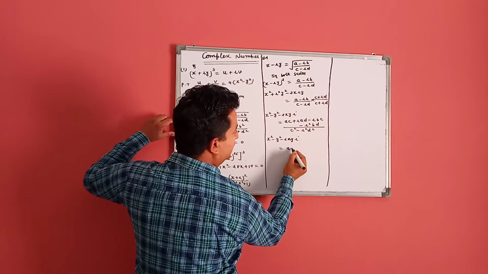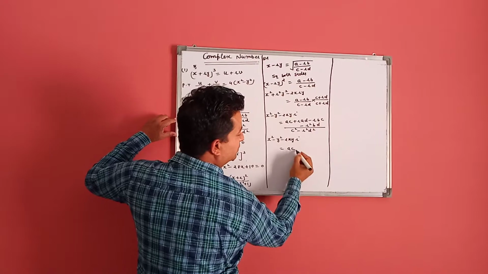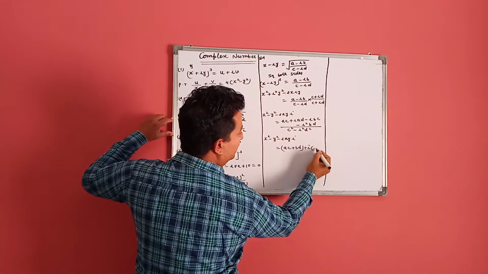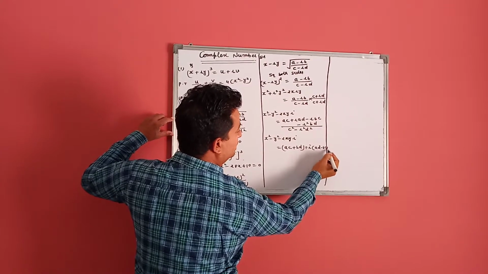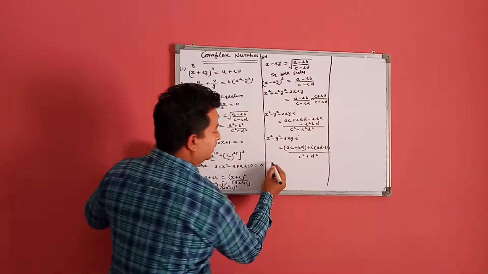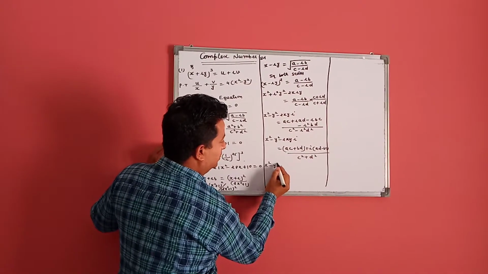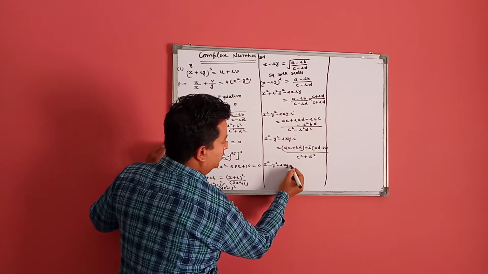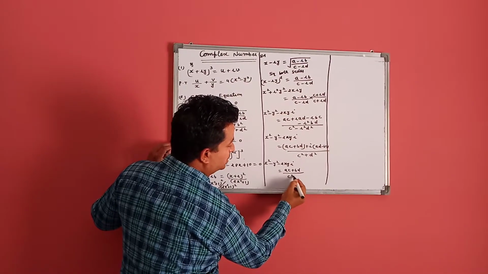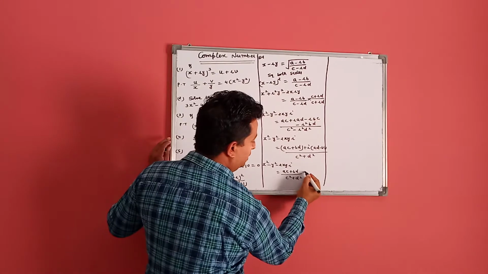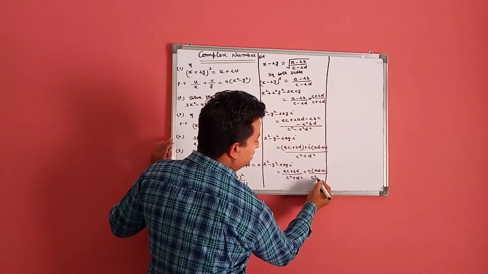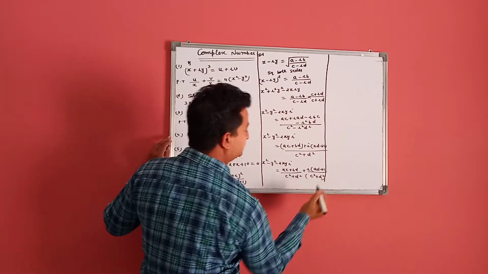In this, ac, this becomes −1, that is + bd, which is the real part, iota (ad − bc). In the denominator, c² + d². Take the real part of this equation: (ac + bd)/(c² + d²). The imaginary part is (ad − bc)/(c² + d²).